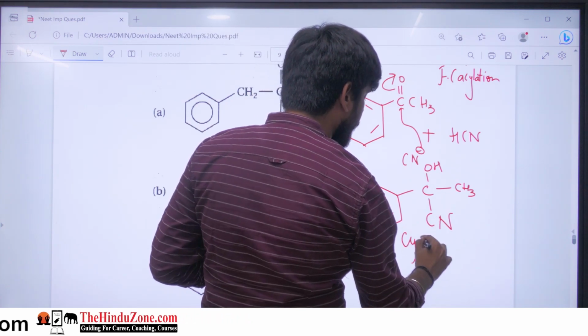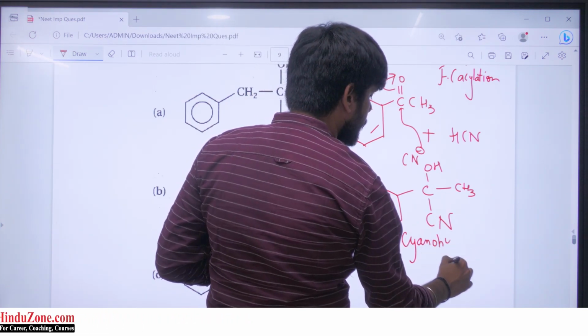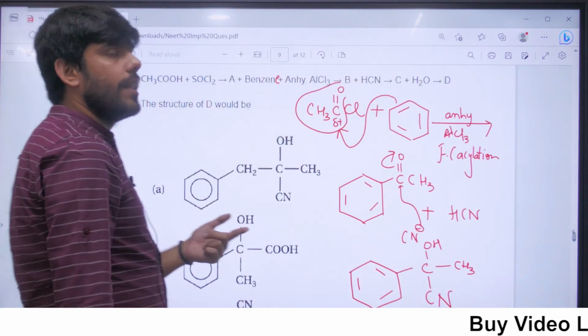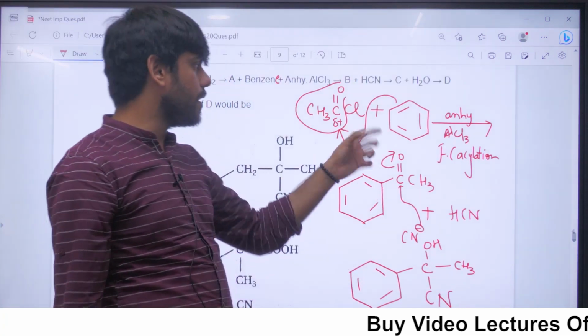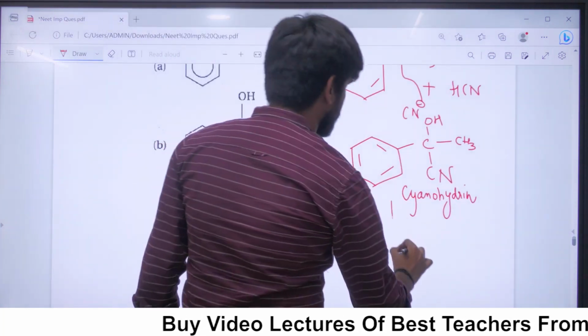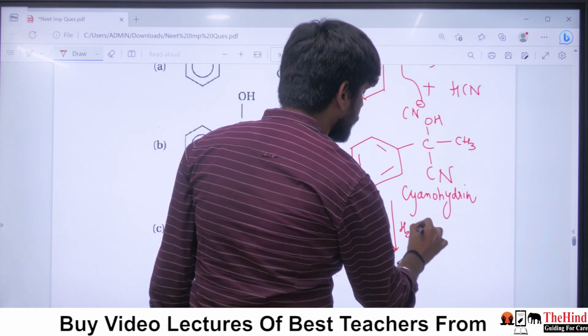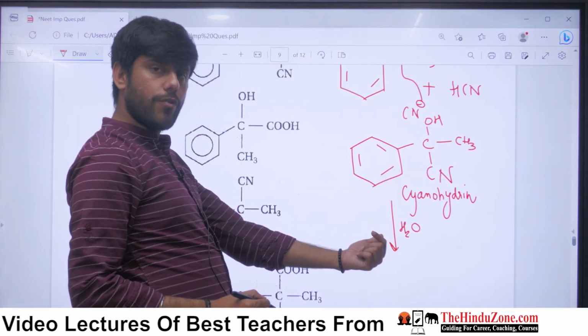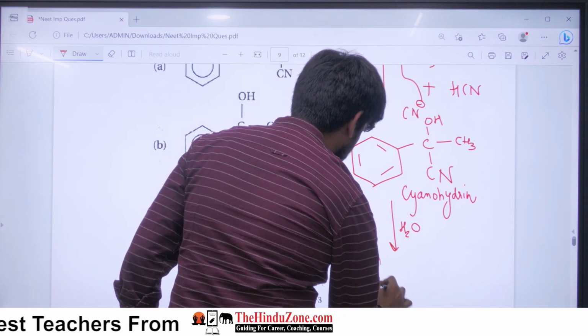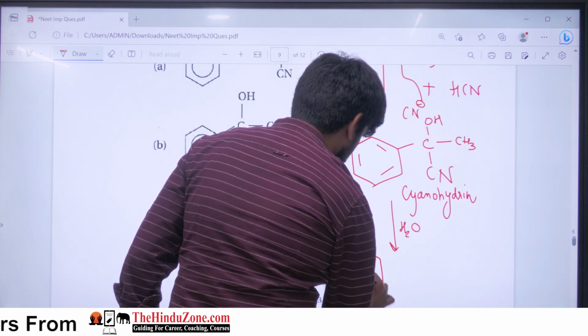So this is your cyanohydrin. This is a nucleophilic addition reaction of the carbonyl compounds, and upon hydrolysis, that CN undergoes hydrolysis to form the COOH acid group. So what do I have?